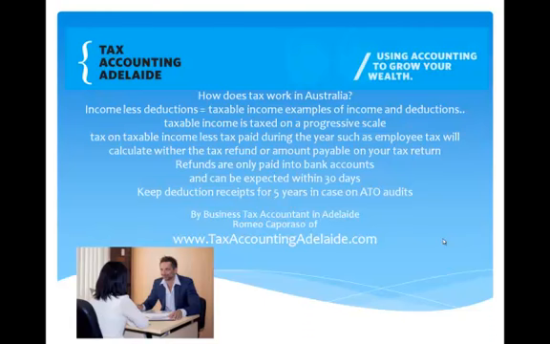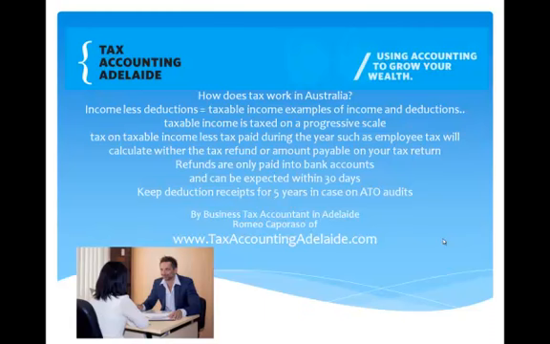Let's go through some examples of income. The most common form of income is perhaps wages that you earn at a job, but it could also be interest that you earn on your bank accounts, dividends from shares, business income, or rental property income. Deductions are commonly the expenses you incur in order to earn your income.